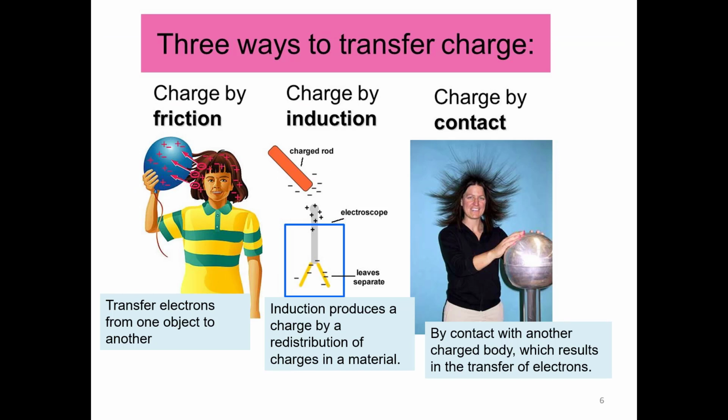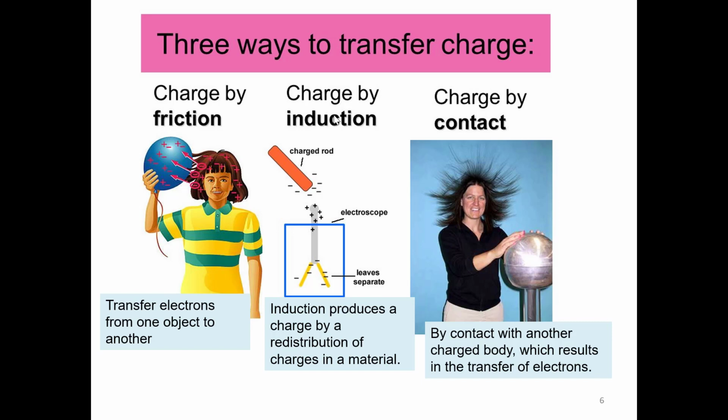There are three ways charge can be transferred. The charge can be transferred by friction, which we already discussed. This happens when electrons pass from one object to another.